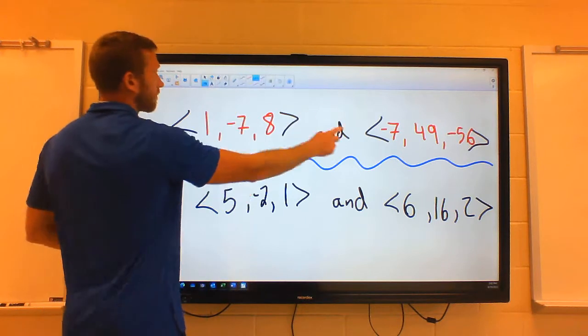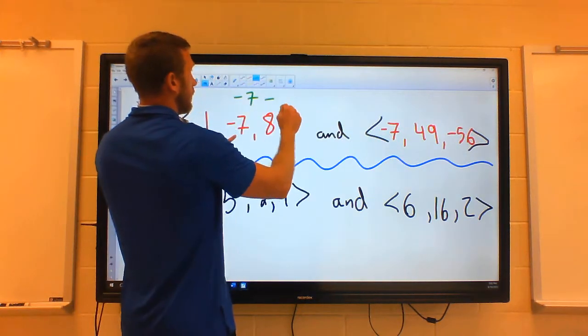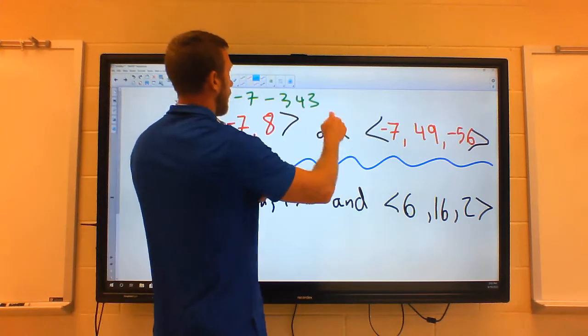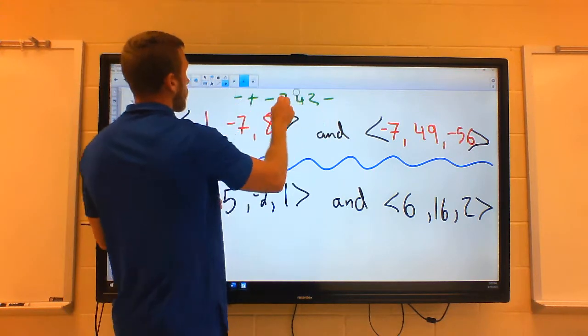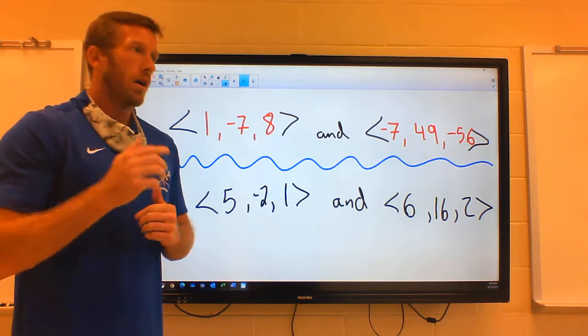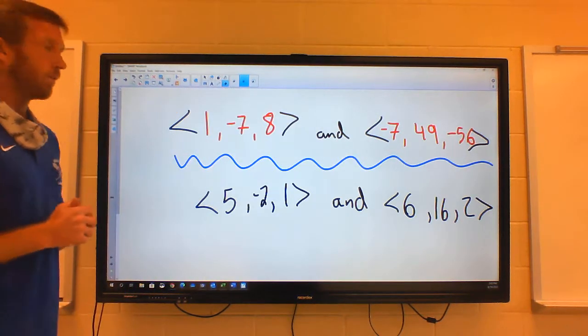So we've got -7, okay, -343, don't think this is going to work, and then another large negative. Nope, that does not equal 0. Since the dot product does not equal 0, we know that they are not orthogonal. Remember, that was one of our rules.